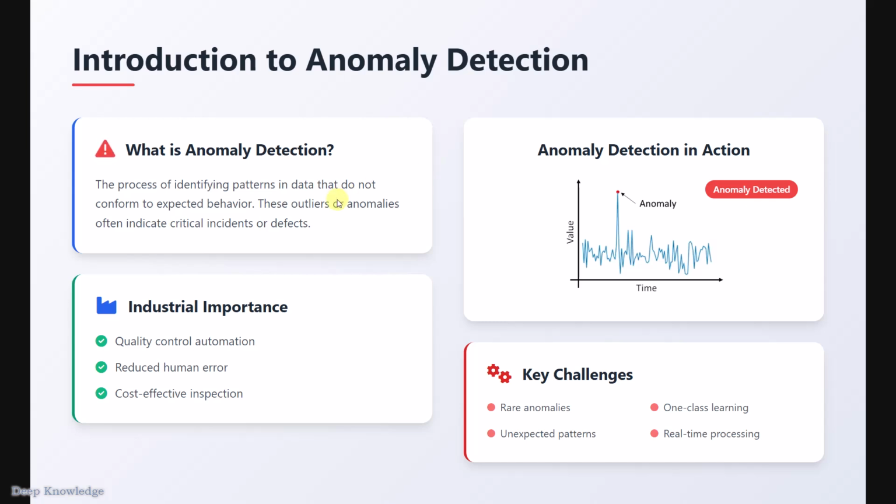Finding this anomaly manually is time consuming, expensive, and also prone to human error. Why? This is my experience: sometimes I see a defect, but my colleague sees it's not a defect, and we have some arguments.